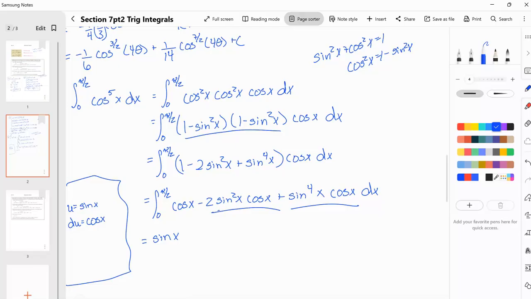When I integrate here, that cosine is my du, and u is sine. So when I integrate, I'm going to add 1 to the exponent, divide by the new exponent, and then same thing here. This is part of du. So I'm going to integrate, adding 1 to the exponent, divide by the new exponent.